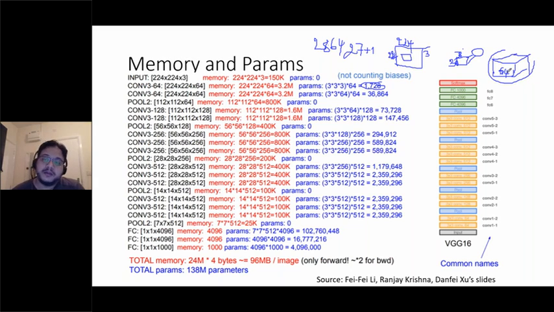To compute the size of the memory, we compute 64 multiplied by this distance. If we are using padding, it's 224 by 224, the image and the feature map are the same, but here by 64. So it is 3.2 megs.